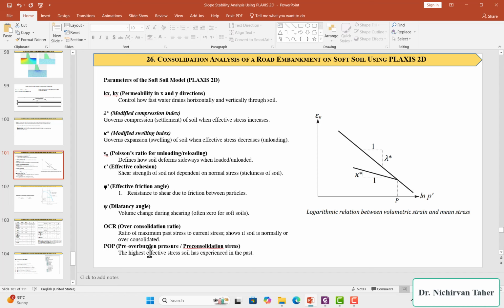The over-consolidation ratio is the ratio of maximum past stress to current stress, and it shows whether the soil is normally or over-consolidated. Also, we have the pre-overburden pressure or pre-consolidation stress. This is the highest or maximum effective stress that a soil has experienced in the past.